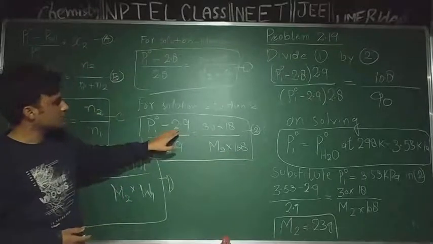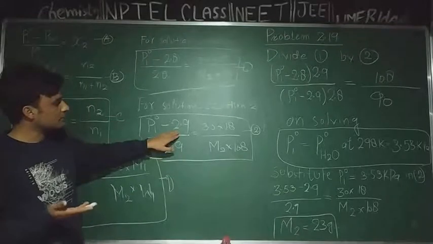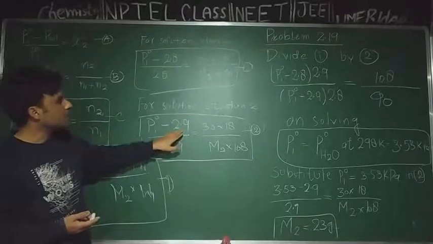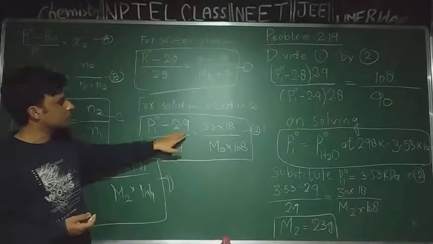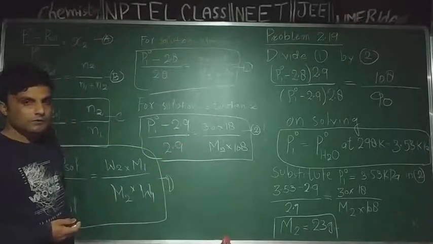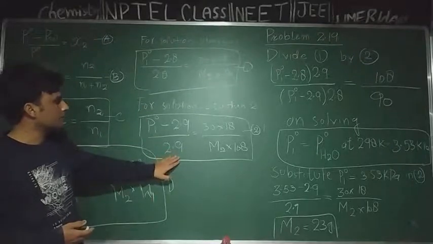This time, because the mass of volatile liquid water was increased from 90 to 108, the vapor pressure of solution increased from 2.8 to 2.9, but still it will be less than the vapor pressure of water at 298 Kelvin due to lowering of vapor pressure.